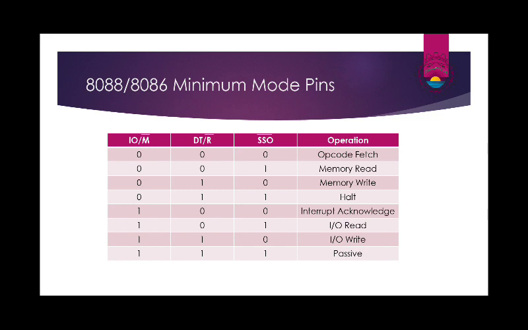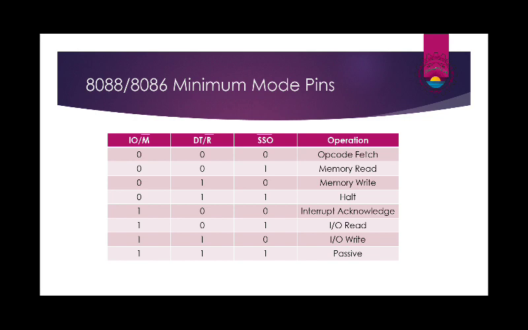Detailed operation of these bus cycles will be discussed later in coming lectures. For the time being, we are going to discuss IO/M bar, DT/R bar and SS0 bar for these bus cycles.